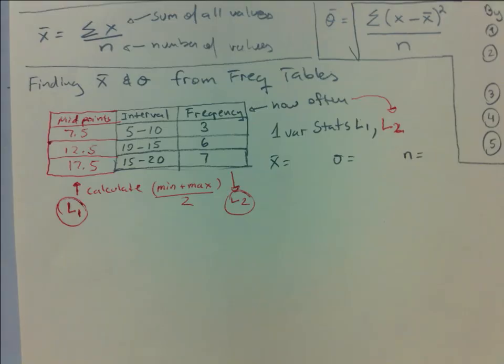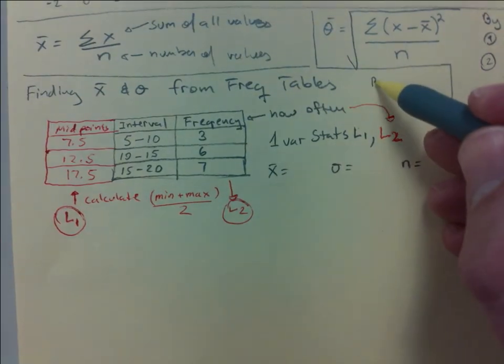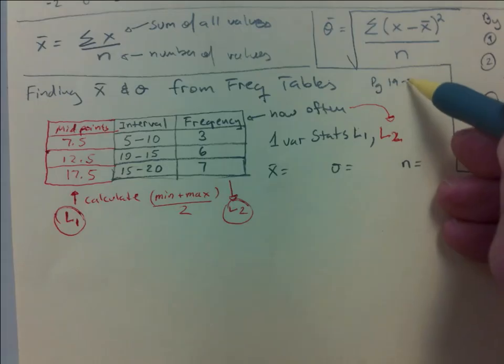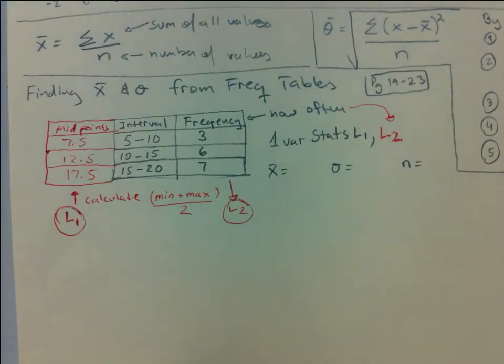So if you want practice, that's what I assigned yesterday. Pages 19 all the way to 23 has some of this kind of stuff, okay? So maybe I'll put that, pages 19 to 23 has that, right?